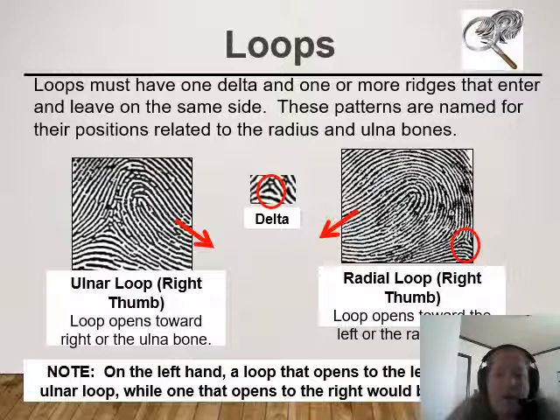Now, if you have a radial loop on the right thumb, that means the loop opens toward the left or the radial bone. On the left hand, a loop that opens to the left would be an ulnar loop, and one that opens to the right would be a radial loop.